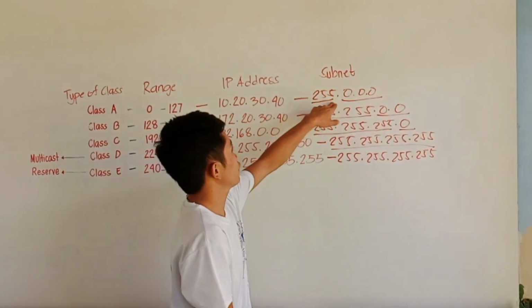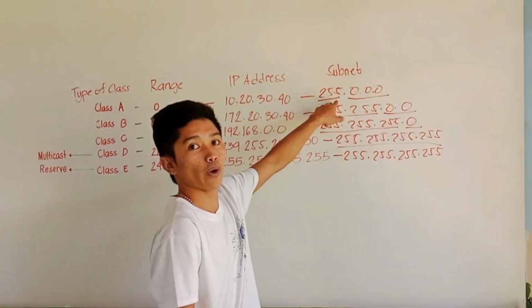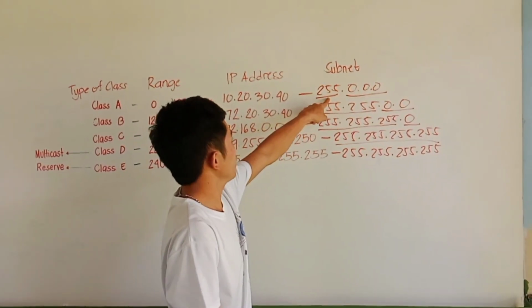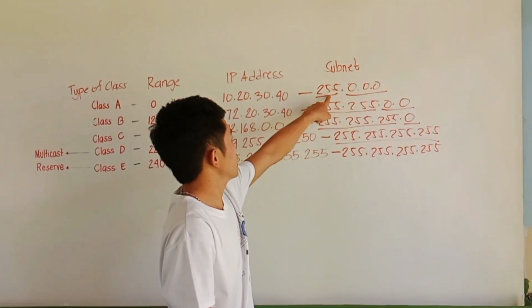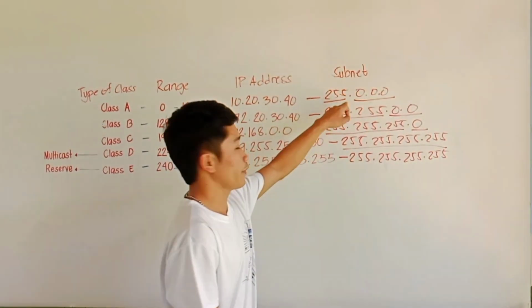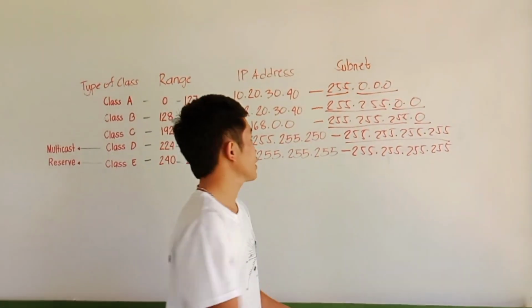So this is our first octet, which is our first byte. This network will be 8 bits because the first byte has 8 bits.